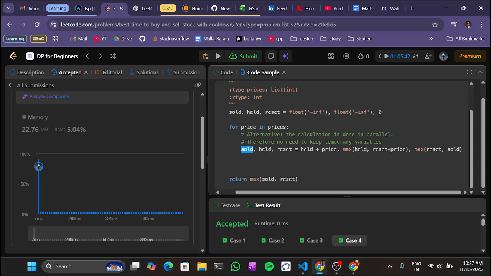So here we are checking what is the maximum value, held or reset minus current price.